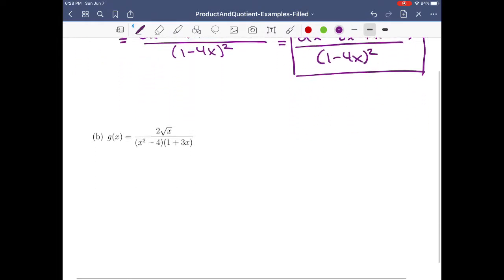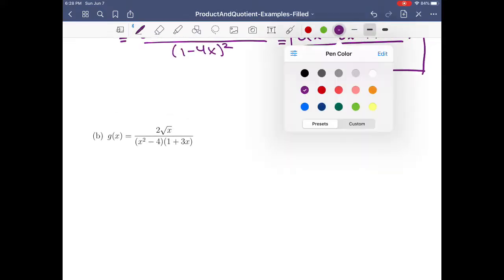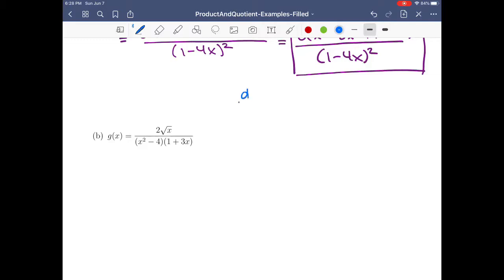Okay, one more. This time, let's do the derivative of the top and the derivative of the bottom. The top is 2 times x to the 1/2, so it's going to be 2 times 1/2 x to the minus 1/2. That's just x to the minus 1/2. And for the derivative of the bottom, we're going to want to use the product rule.